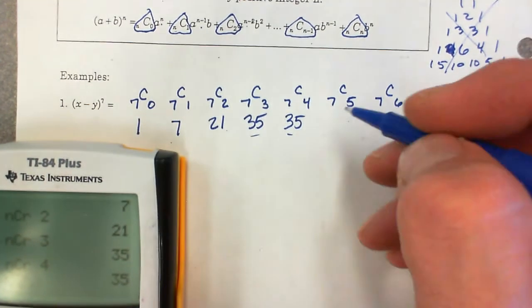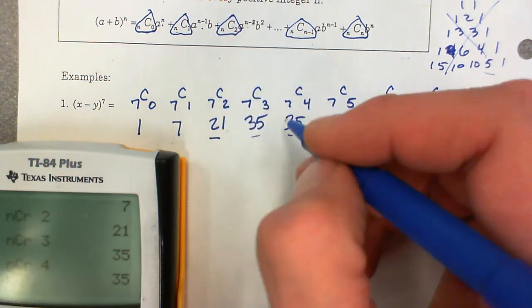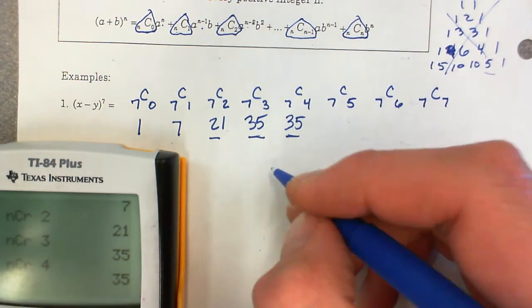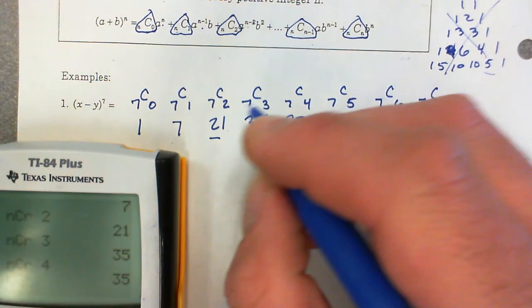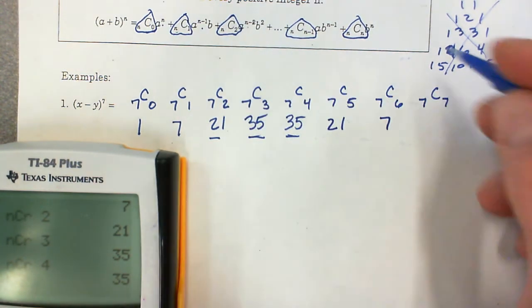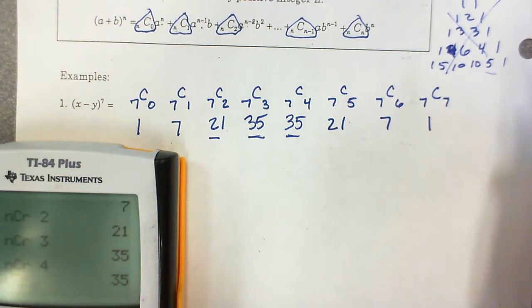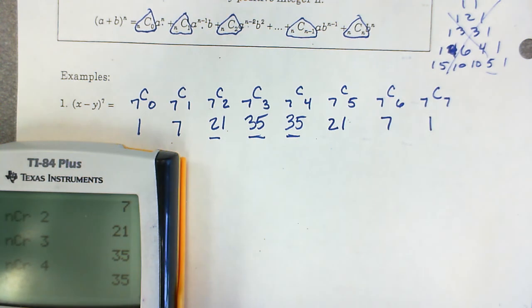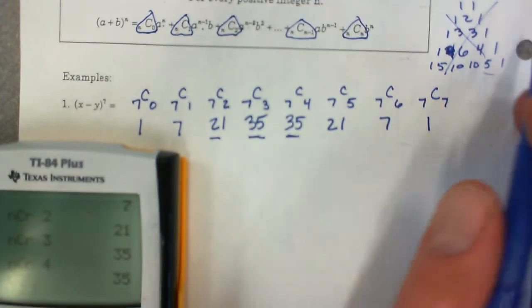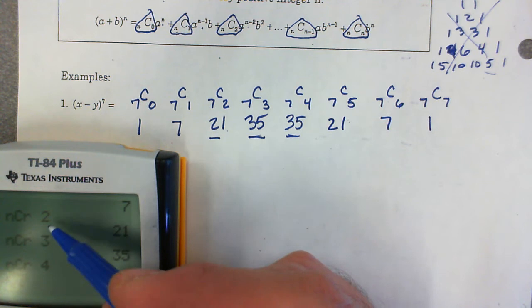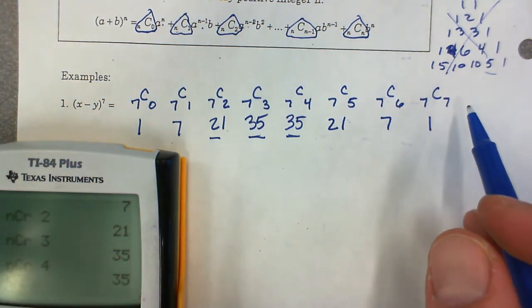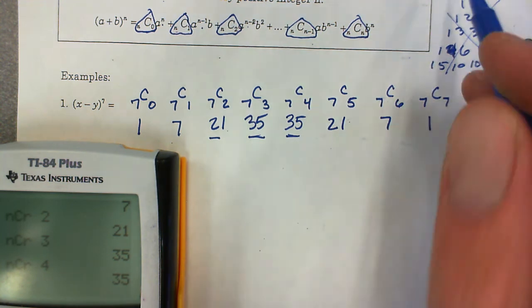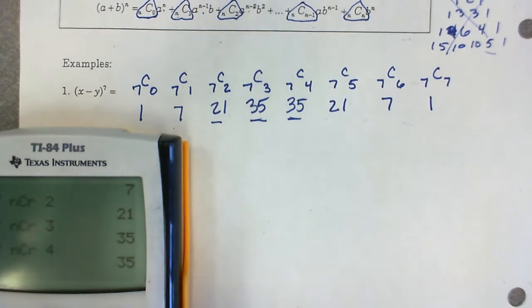So this is already repeating, which means I don't need to keep going. I only needed to calculate out 7C2, 7C3, and 7C4 on this one, and I get all the rest of this for free because the next number's got to be 21. The next number after that's got to be the 7, and the last number's got to be the 1. So we could get the whole table by just computing 3 values, 7C2, 7C3, 7C4, on our calculator, and we get all the other numbers for free without having to draw this whole big chart.